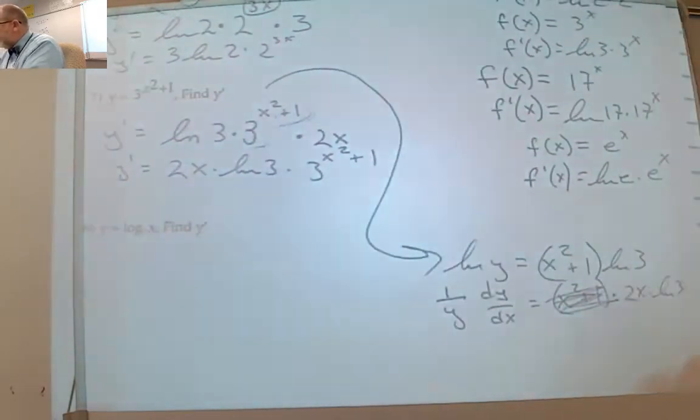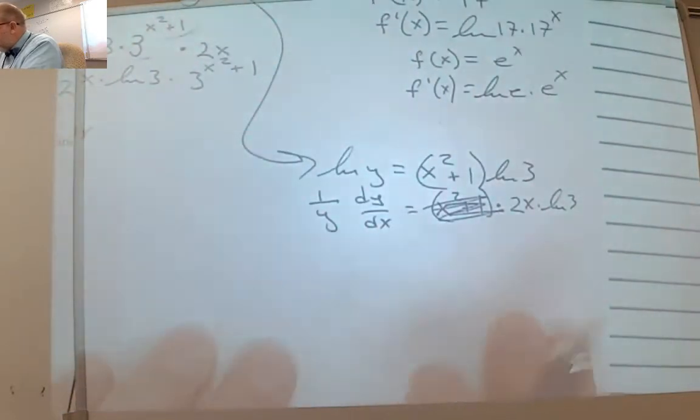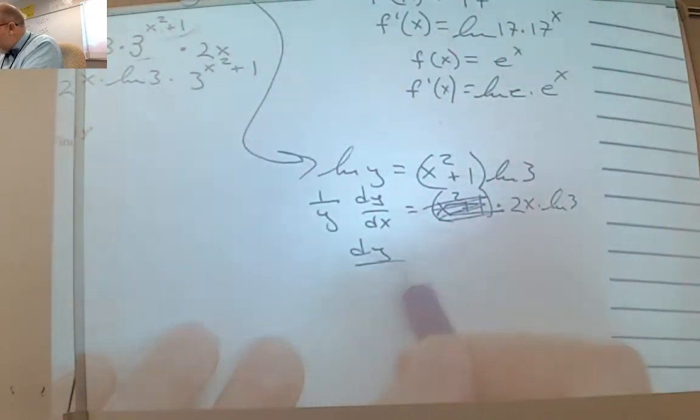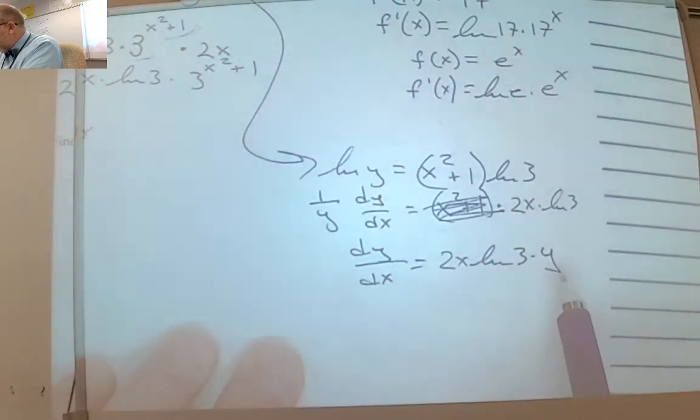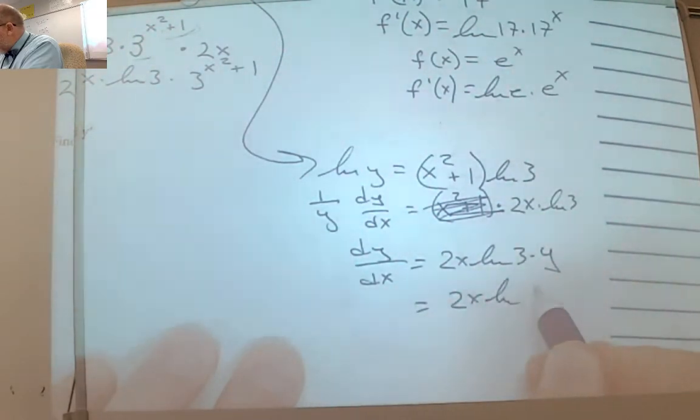Now I'm going to multiply y by both sides, and I have 2x natural log of 3 times y. And that's where the 3 to the x squared plus 1 comes from.